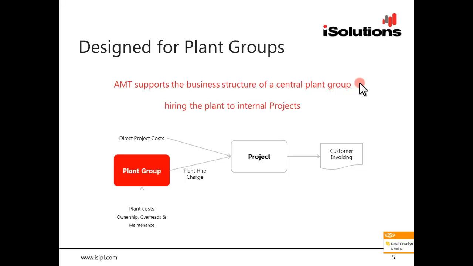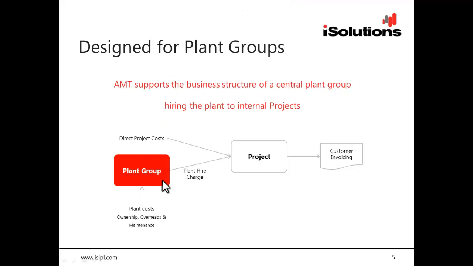It's a project the company's got to maybe do some earth moving works. And that project is the entity within the company that is actually charging your customers. For that project, some of their costs is the hire of equipment from the internal plant group. And other costs are the direct costs that they incur. So if we look at this structure, we have the central plant group.